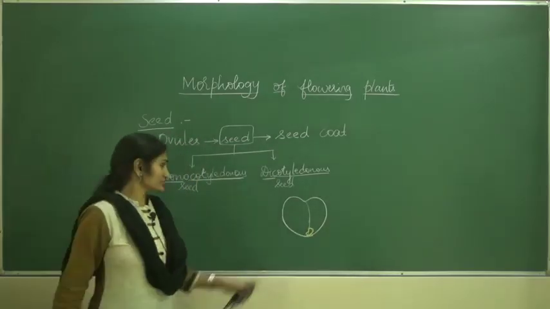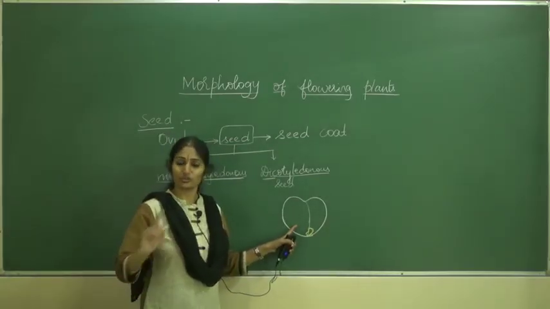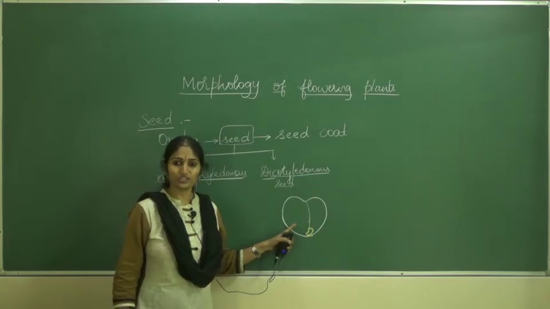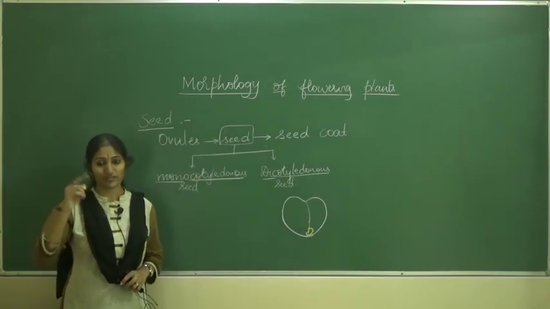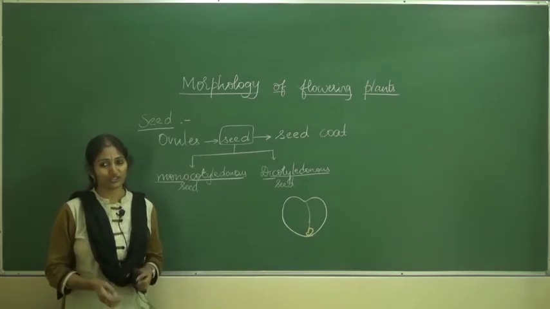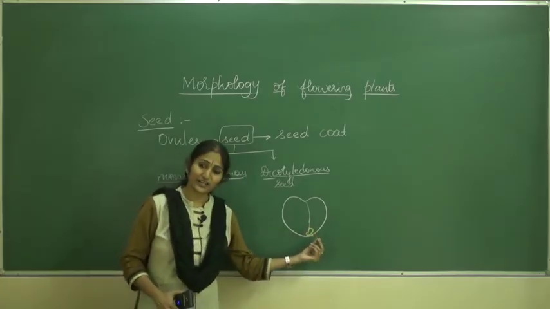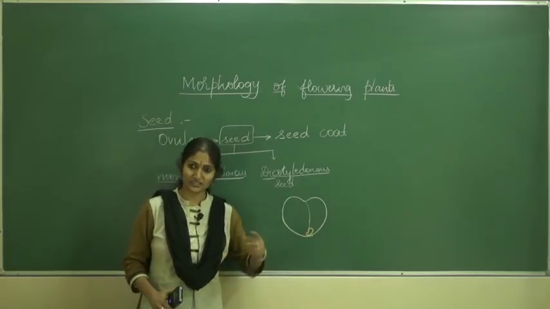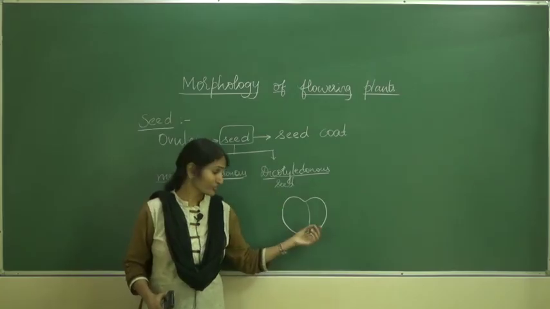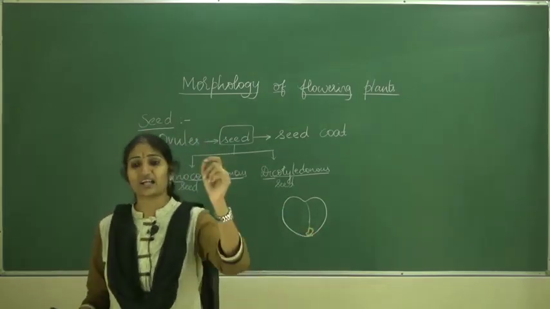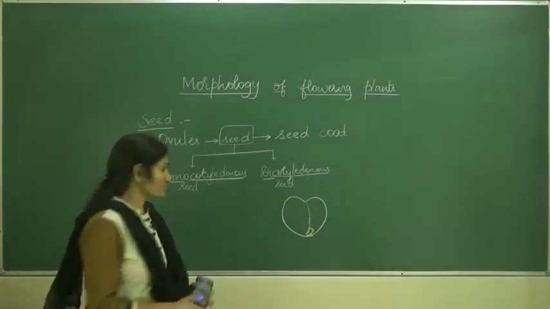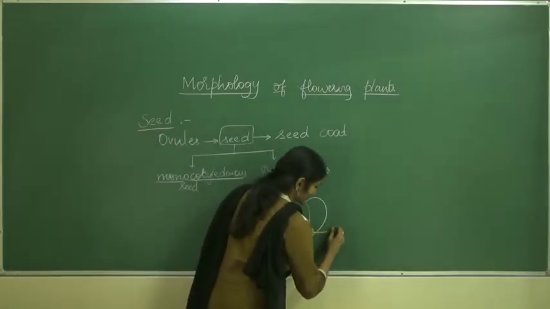Now this dicot seed is not present alone. Obviously it has to be present in the fruit, and we have already learnt about placentation. So this seed is attached to one of the membranes there, the placentation. The region to which it gets attached to the membrane is what we call the hilum.